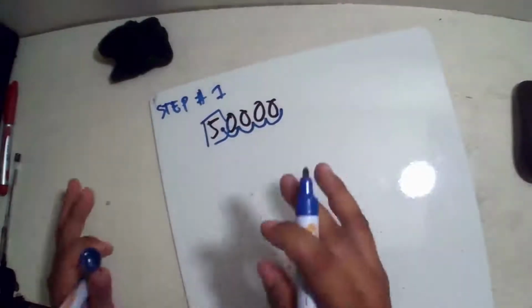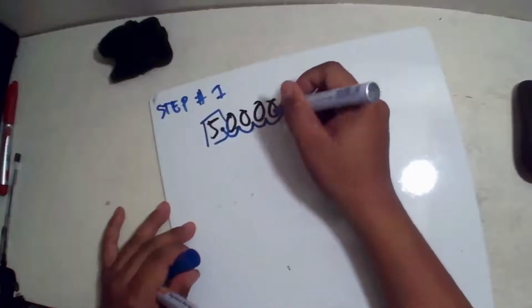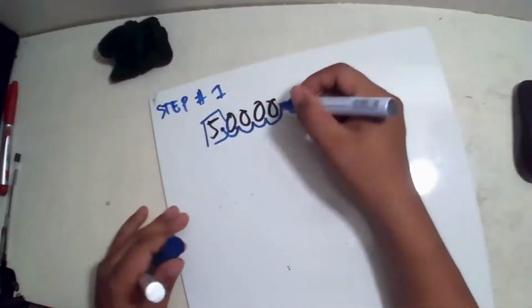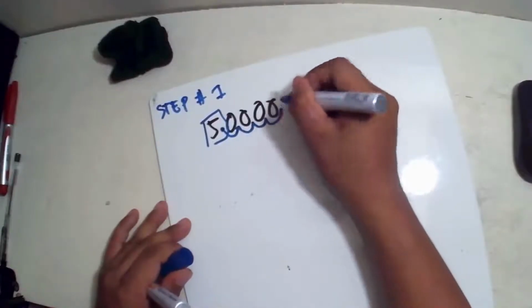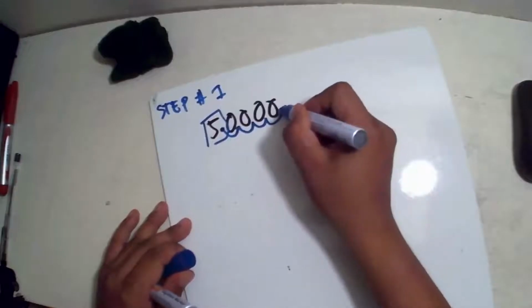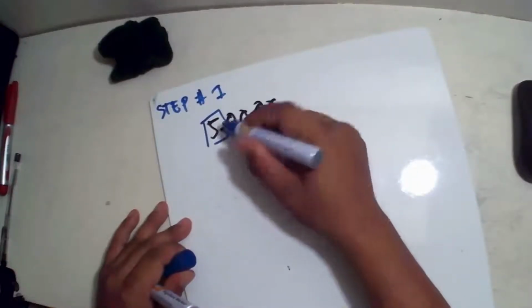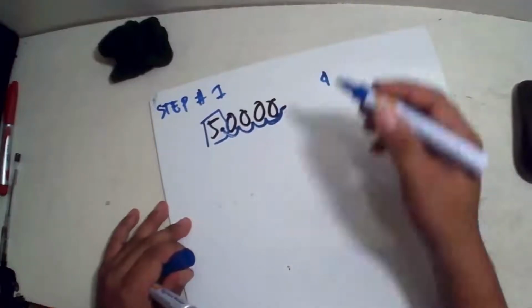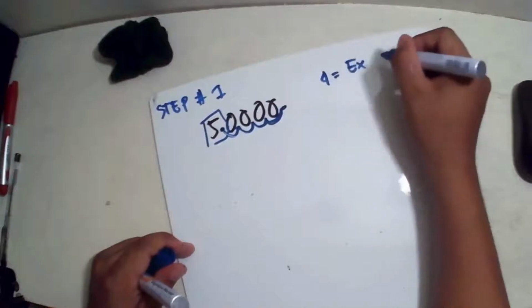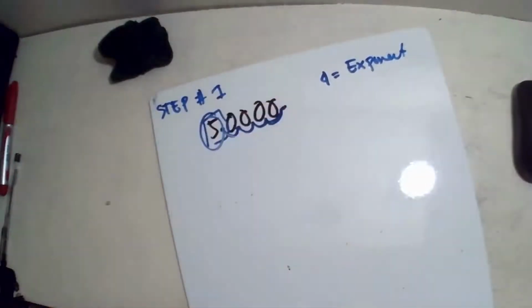Now, for us to express this one in scientific notation, we will count how many movements we have from this point to that point. Okay? We will just count 1, 2, 3, 4. So, we move 4 times. And this 4 now will become the exponent of this given number.